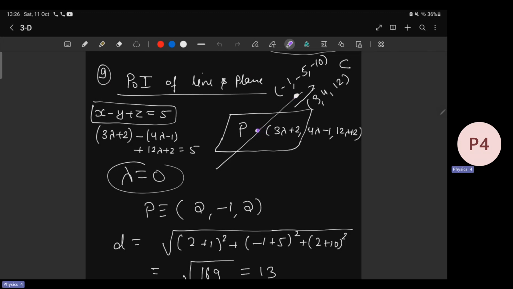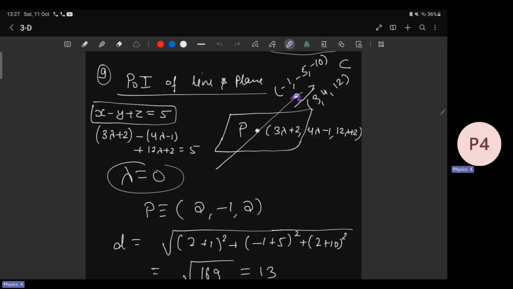We can write the coordinates of P in parametric form. So we can write the coordinates as 3 lambda plus 2, 4 lambda minus 1, and 2 lambda plus 2. These are the x, y and z coordinates.